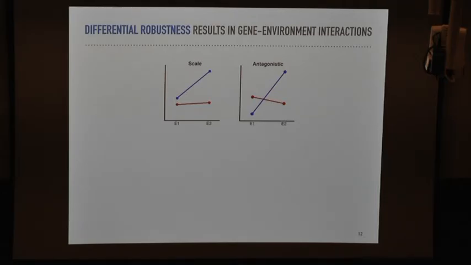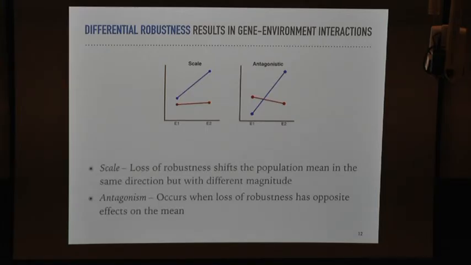These lines are called reaction norms. We also did gene-environment interaction mapping for the same data set prior to looking at robustness. So what we wanted to see was, can we now use gene-environment interaction mapping to infer phenotypic robustness? And this is how we wanted to infer it.